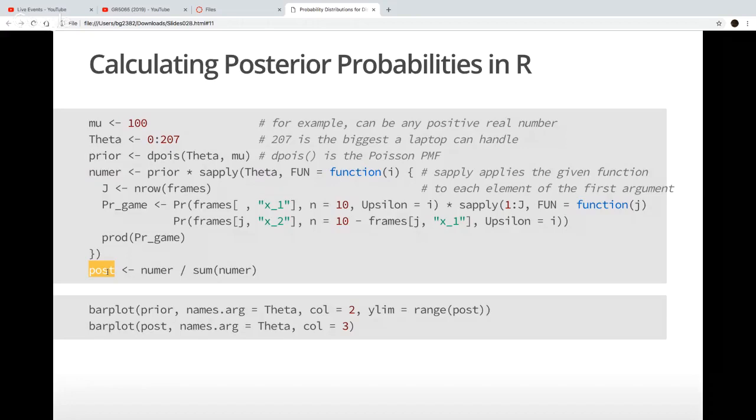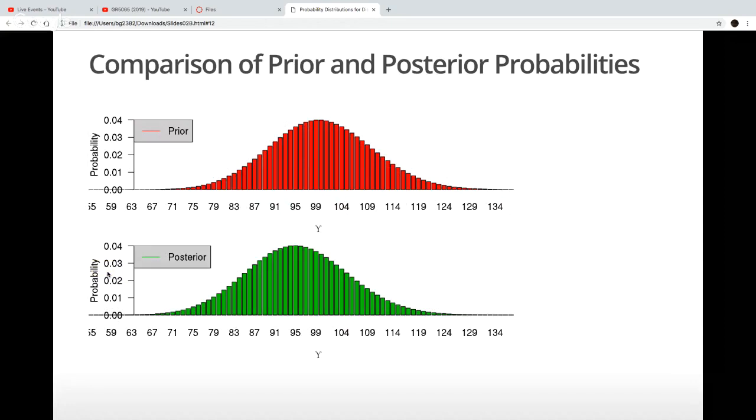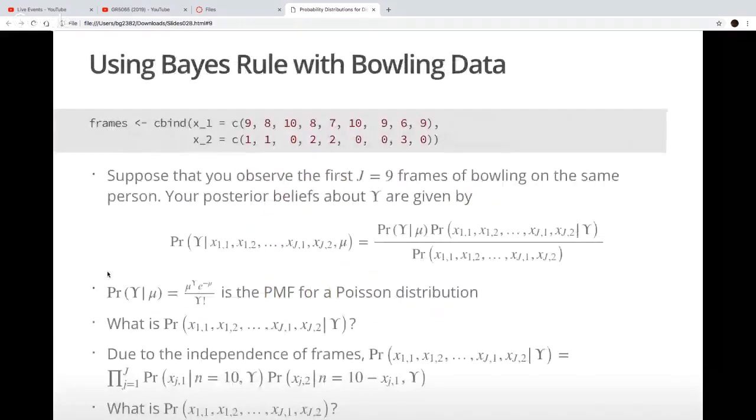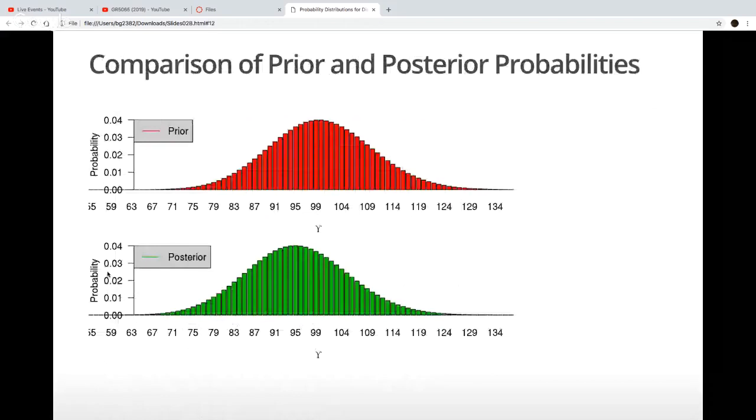And then we can look at the plots of those two things, or we could summarize them numerically. In this case, with these 9 frames of bowling that I had here, it comes out like this. So we have on the top here a bar plot of prior probabilities for what upsilon could be, given that our expectation going into it, before we saw the data, was mu equals 100. And the Poisson distribution with large mu is a very symmetric looking thing, and it looks like this thing in red here.